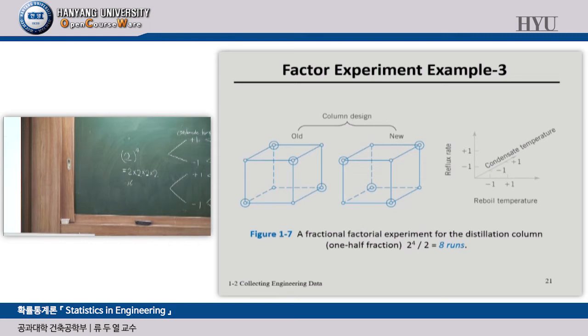So in this case, the old and the new distillation column experiments have the same system. We can reduce 50% of the experimental noise. Okay? Because if we measure only the points from the new distillation column, the inputs are exactly the same. Do you understand? So, based on these 2 things, we can reduce the total number of runs from 16 to 8.